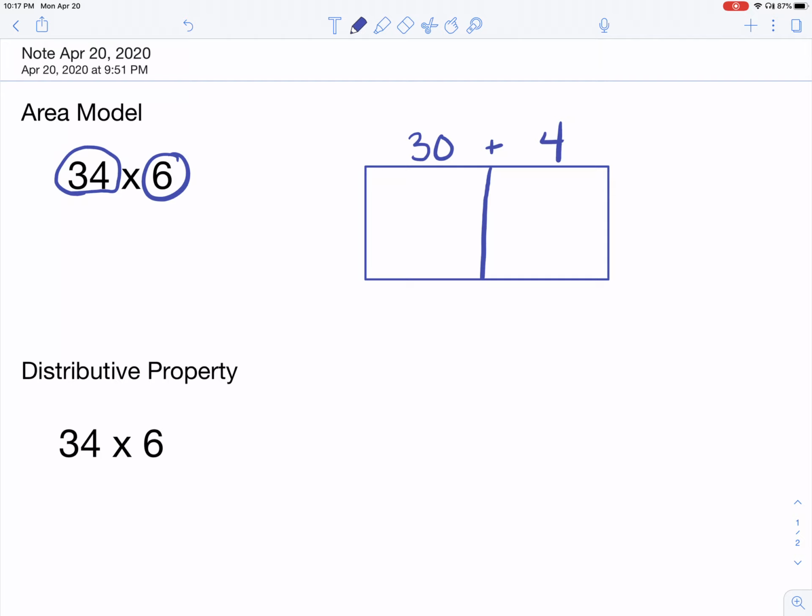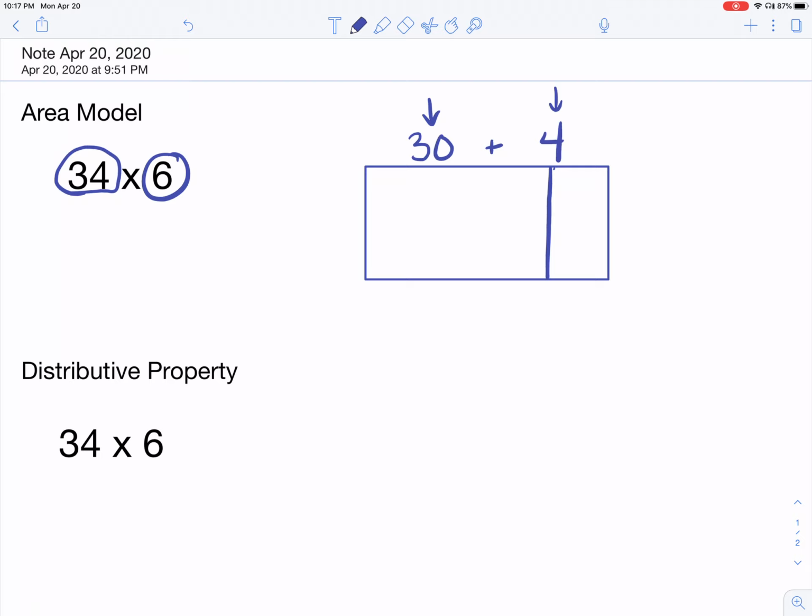Now, what's larger? The tens place, which is here, or the ones place, which is here? Well, obviously the tens place is larger. So really, if this was a correct model, I would need to make the tens place smaller, like over here. So that's how it would really look.